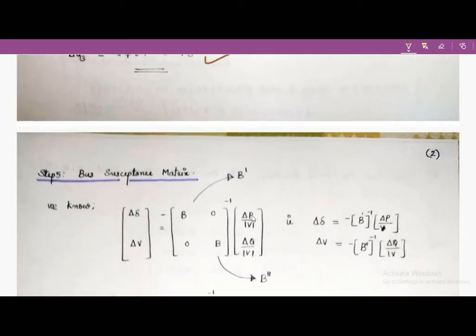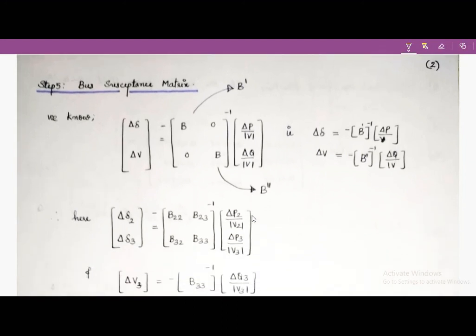Now what is the next step? Next step, you remember our fast decoupled load flow. Our next step was calculation of the bus susceptance matrix. This was our equation.